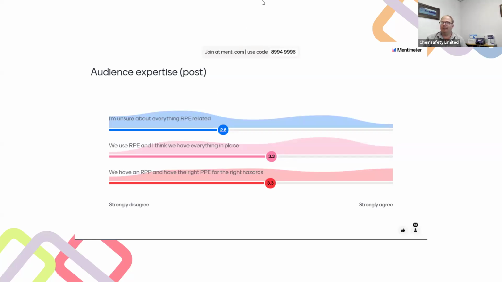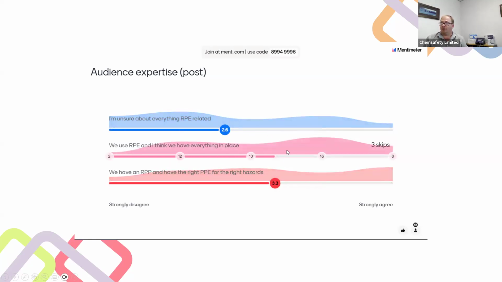Thank you, guys. So we can see here there's sort of two peaks. There's a group of people feeling not particularly sure anymore, and a group of people feeling more sure, so that is good. And there's a group here that are a little bit unsure, but I think that number is less than previously, so that is good to see.